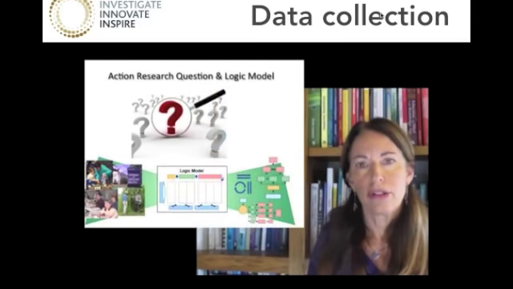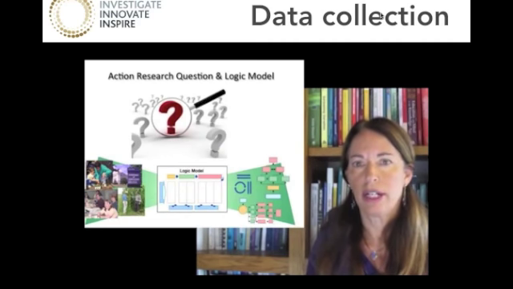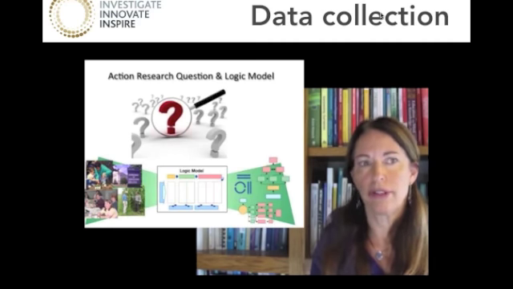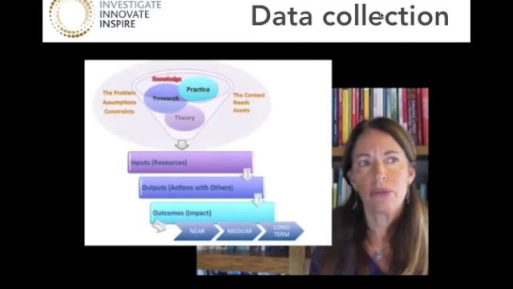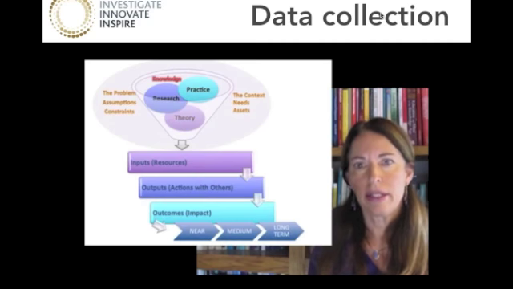In previous tutorials, you developed your action research question and your logic model. Both of those will help you with your first activity in this tutorial, which is to develop your data collection plan. So you start with your logic model and you look at what your near outcomes are.